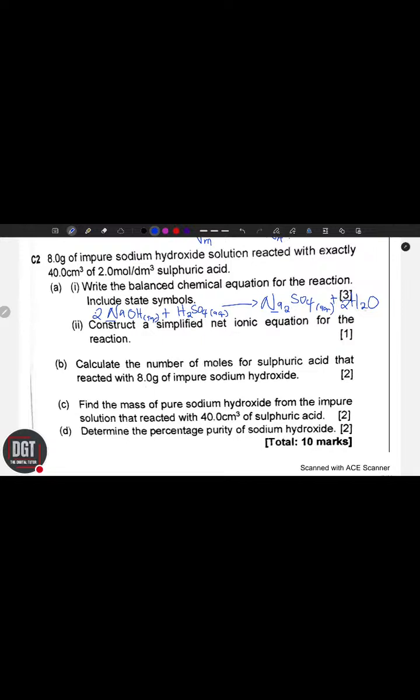So hydrogen 4 here. Then what about sulfur? Sulfur 1. Okay, I guess this is the balanced equation. Someone to confirm this is the balanced equation. So a balanced equation has a 2 in front of sodium hydroxide and a 2 in front of water. So PD, you've gotten it right.